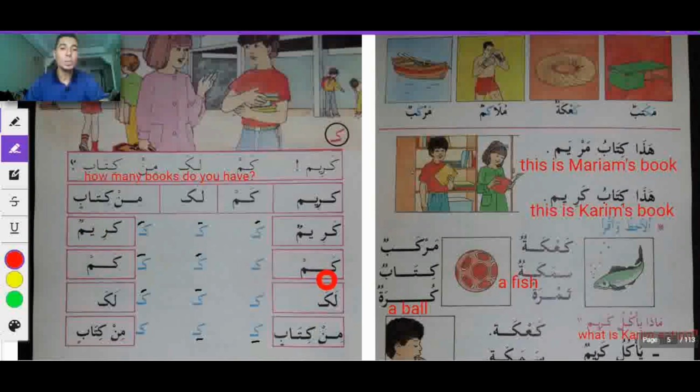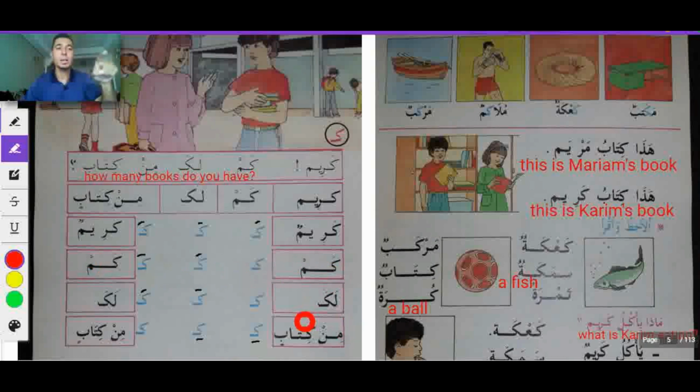Kam, which is how many. Whenever we want to ask somebody about the number of anything, for instance the number of brothers he has got, we will say kam laka min ikhwatin. How many brothers do you have? So kam is the same as how many.